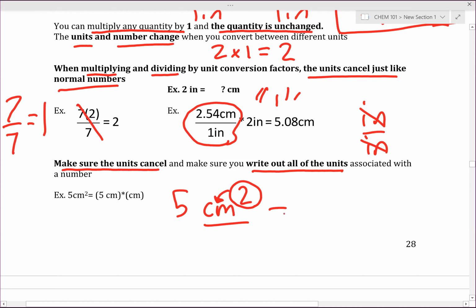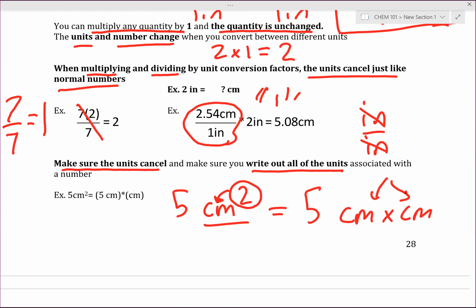So what do we have here? When we have centimeters squared, what is that telling us? Yep, centimeters times centimeters. So centimeters squared is centimeters times centimeters. Does everyone see how there are 2 centimeter units now? Because it's centimeters squared. So when we're doing unit conversions, you need to make sure both of these actually cancel. We'll see this in later sections.